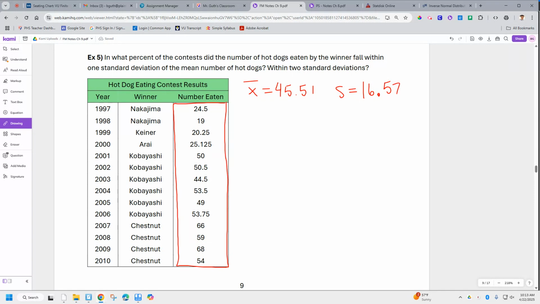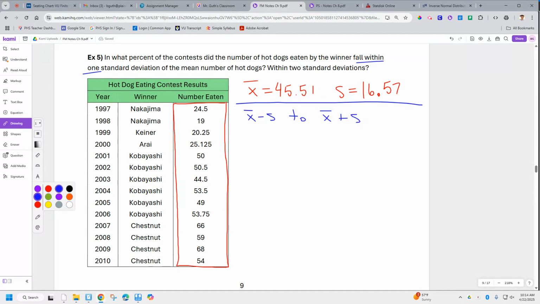So the first question says, what percent fall within 1 standard deviation? What that means is, for 1 standard deviation, I'm talking about from X bar minus S to X bar plus S. You subtract it, you add it.